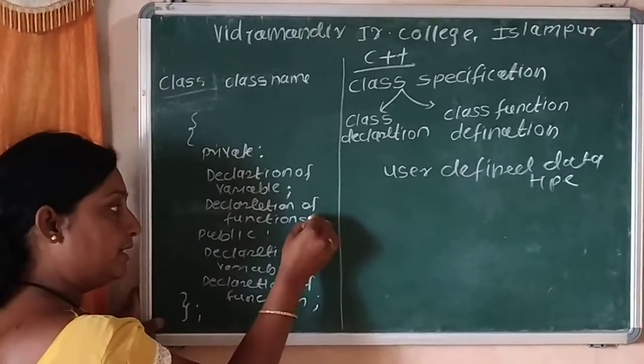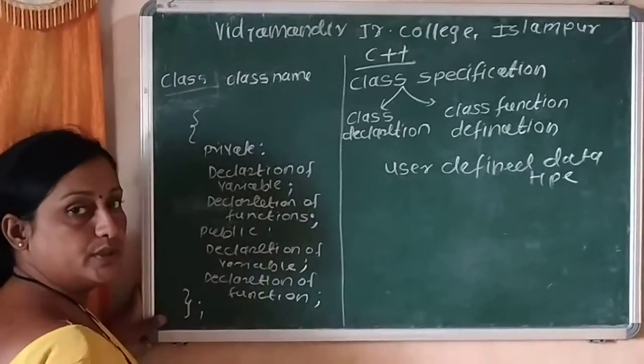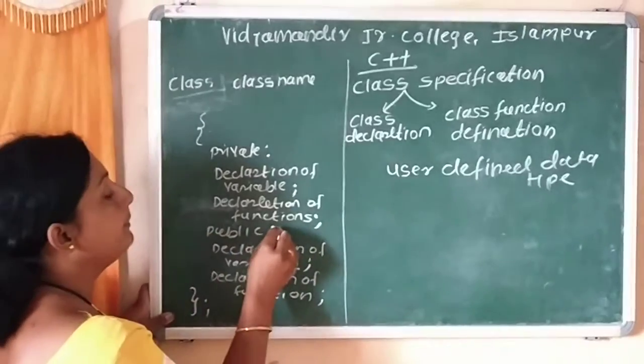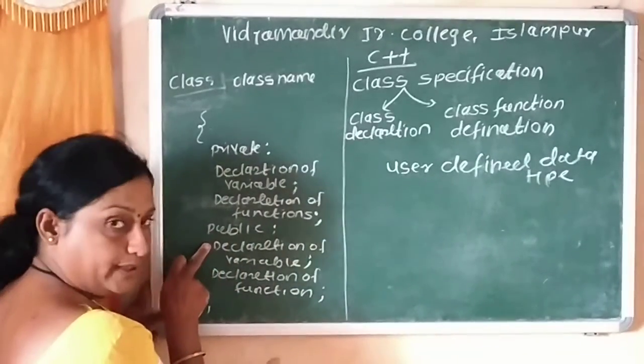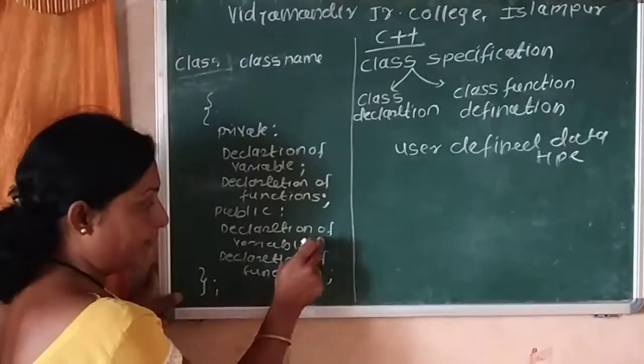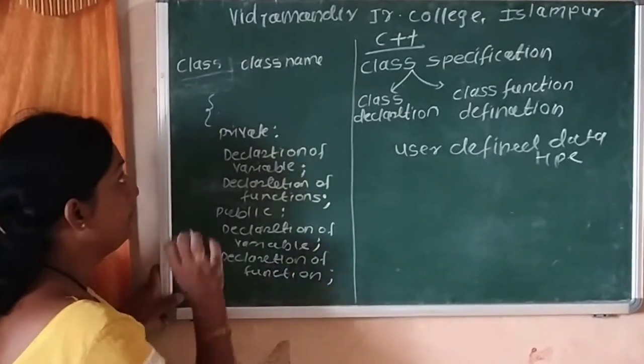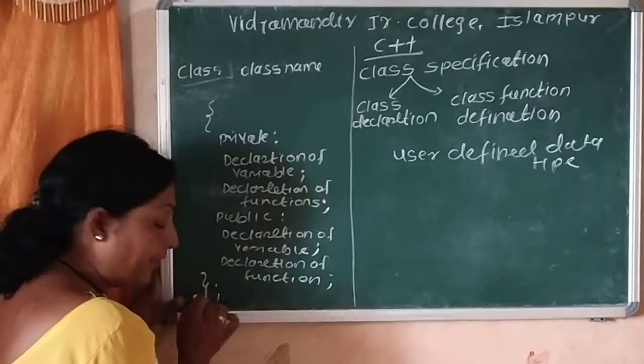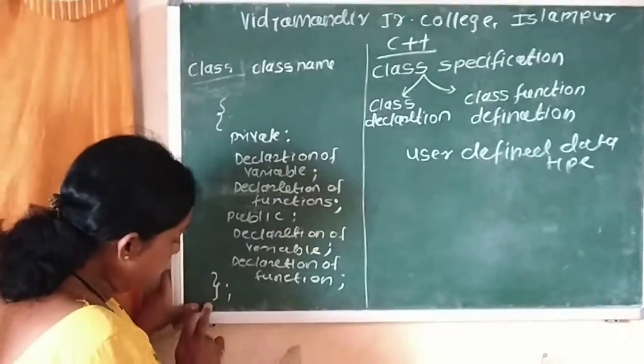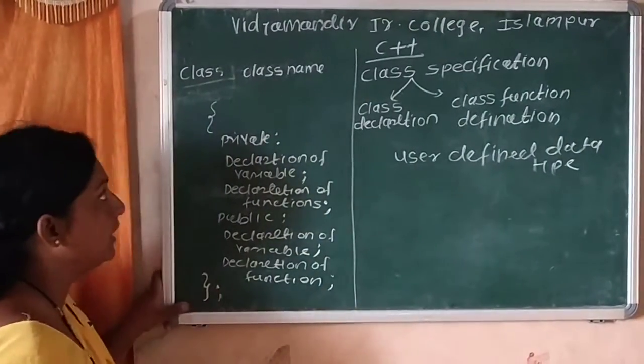After that we must give the semicolon. Next is public. In the public section, declaration of the variable, semicolon, declaration of the function, semicolon. After that the curly bracket is completed and we give the semicolon.